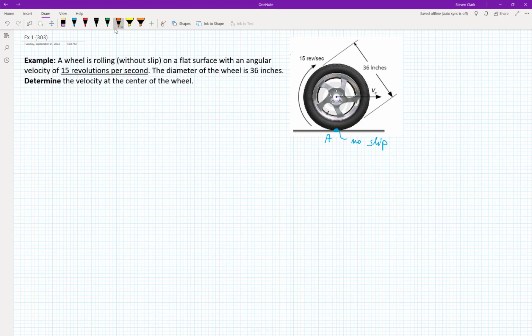What else do we know? We know geometry, and by saying that I mean that we know the diameter of the wheel, and we also know that our omega is 15 revolutions per second. What they ask us for is to find velocity at this orange point, velocity at the wheel's center. Okay, so let's see what we know.